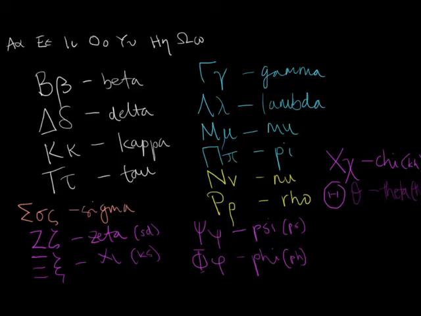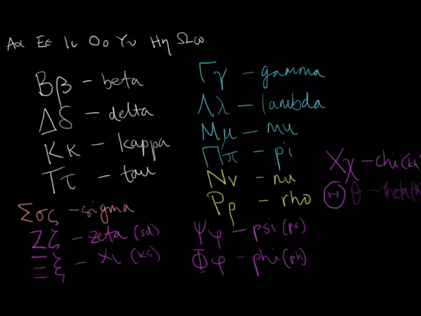And that is TH. So we have our 24 letters. We have our vowels: alpha, epsilon, iota, omicron, upsilon, eta, omega. Then we've got our consonants: beta, b; delta, d; kappa, k; tau, t; gamma, g; lambda, l; mu, m; pi, p; nu, n; rho, r; sigma, which has its three forms, s.